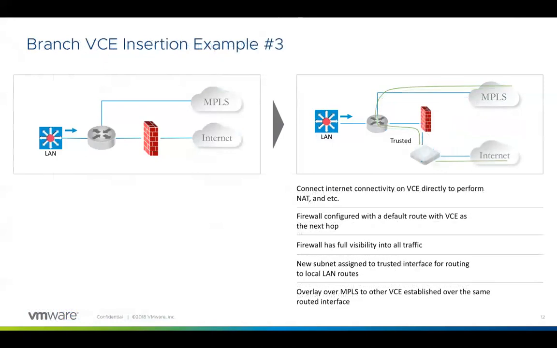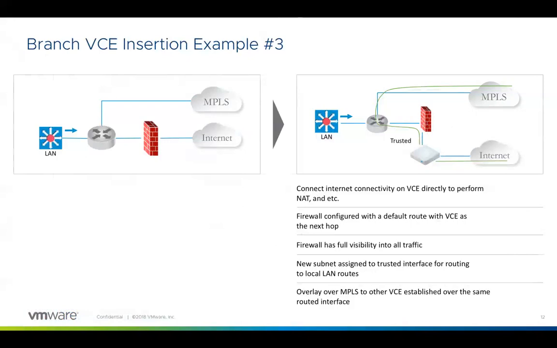And the last one is where the VeloCloud edge is actually placed in front of the firewall. And again, the overlay over MPLS in this case would have to be established over the same route interface toward the firewall. So you would disable NAT on the firewall and just make the connection between the firewall and the edge a router interface.